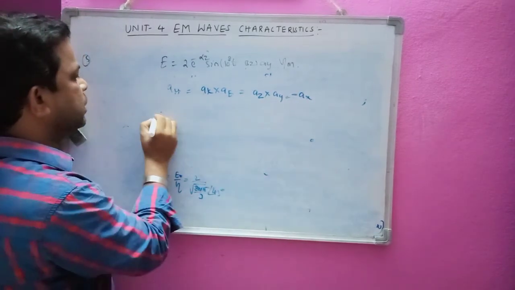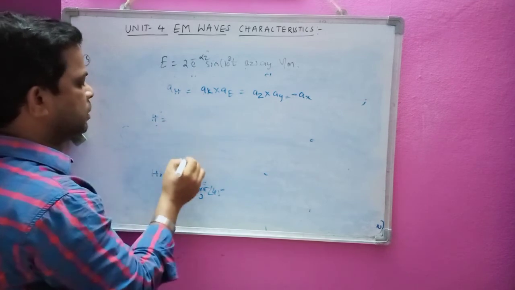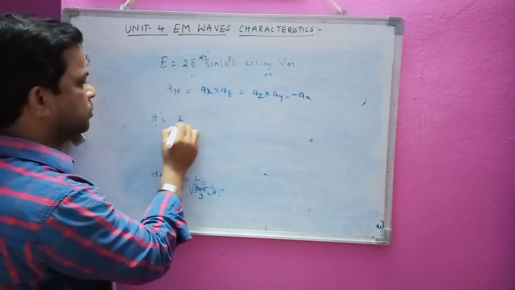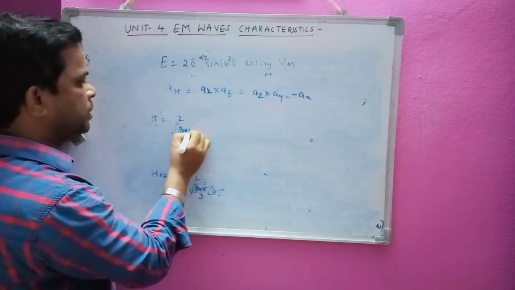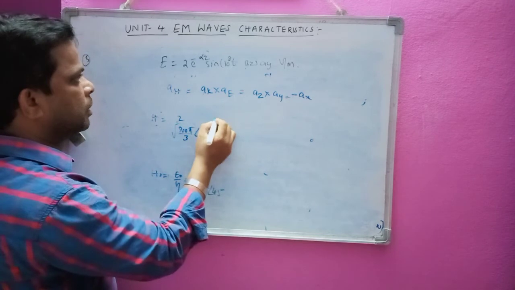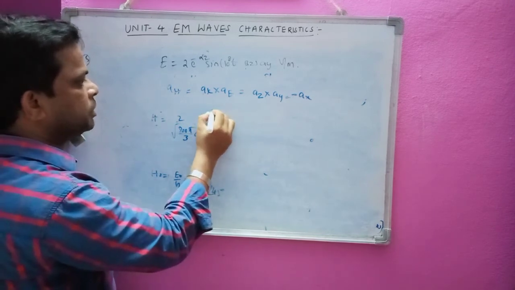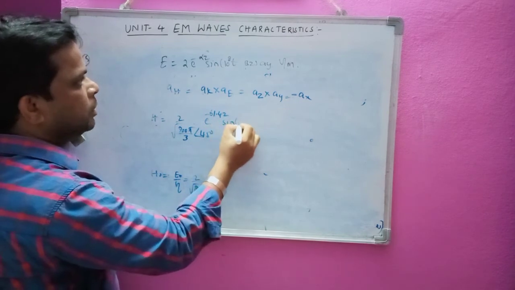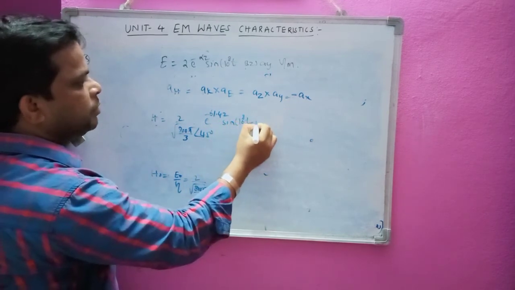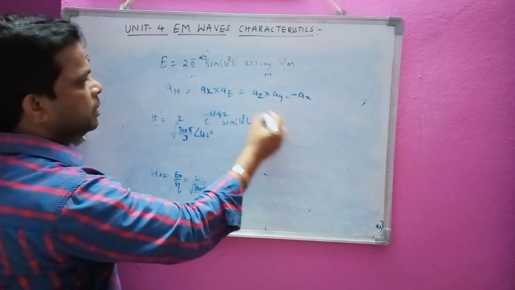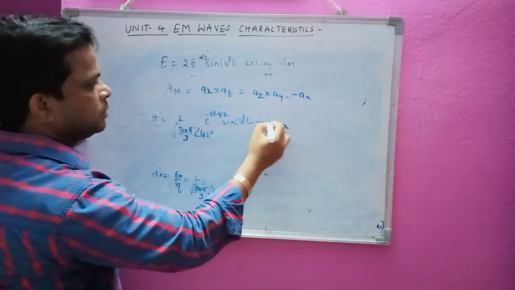H is equal to 2 divided by the square root of 800 pi by 3 at an angle of 45 degrees, into e power minus alpha z, alpha is 61.4 z, sine of 10 to the power of 8 t minus beta z, into aH, which is minus aX.